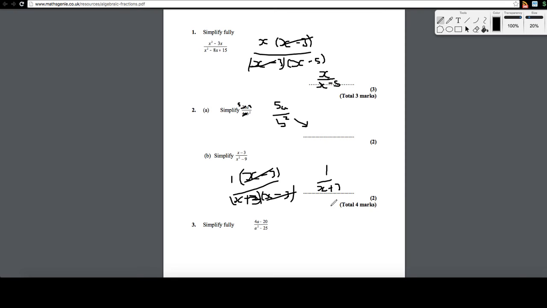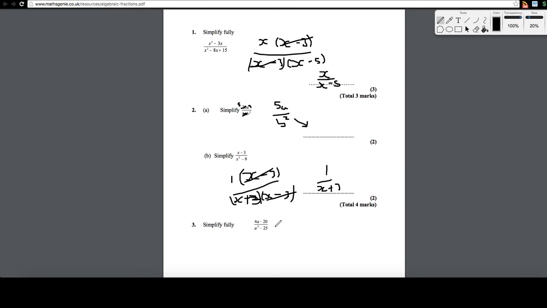And then last but not least, and probably the hardest question on here, we have to remember that these questions, what you really have to look for is the easiest way to tackle it.